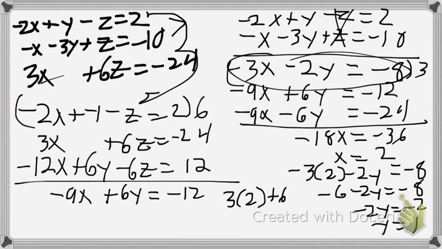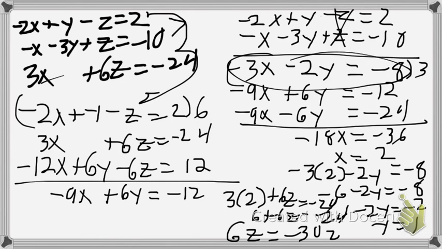So we got 3 times 2 plus 6z equals negative 24. That's 6 plus 6z equals negative 24. I'm going to subtract 6 from both sides. That gives me 6z equals negative 30, or z equals negative 5. So then I can go 2, 1, negative 5.